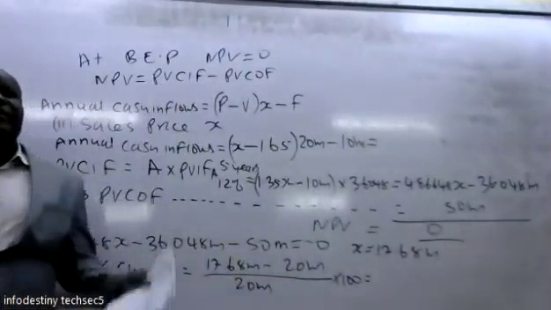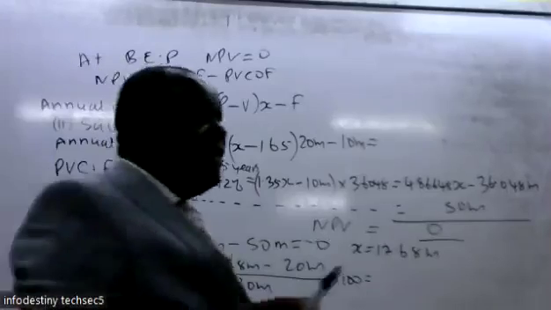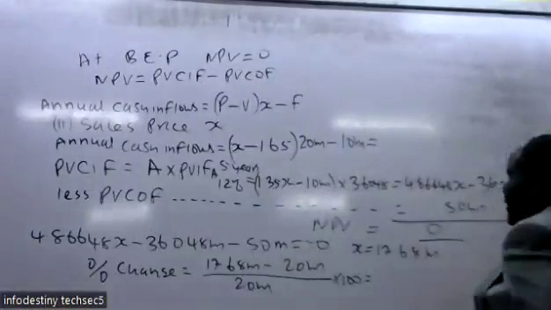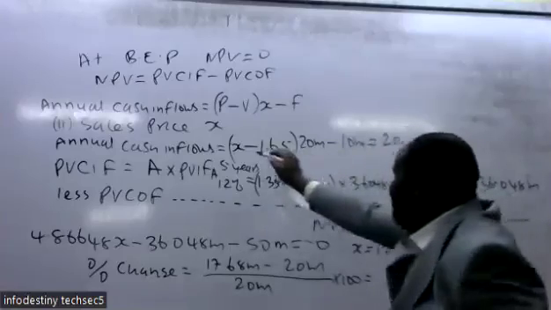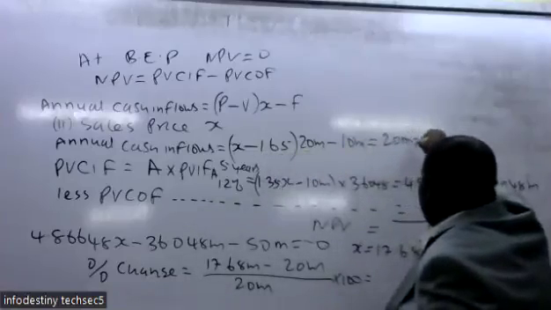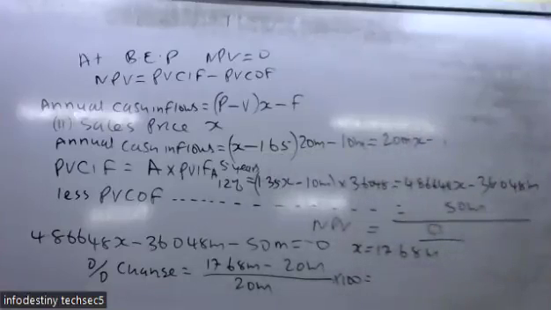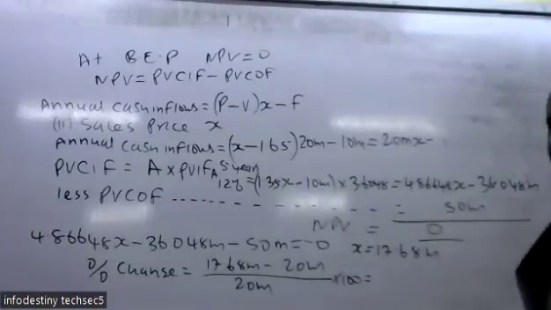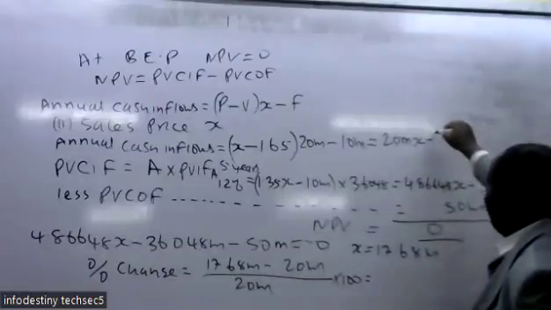Everything remains the same, but now the selling price becomes X. So it will be 20 million X. When I open the brackets, 20 million X, then I subtract 1.65 multiplied by 20 million, which gives exactly 33 million.